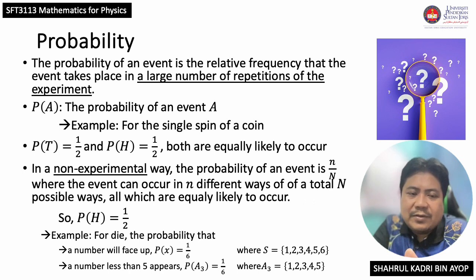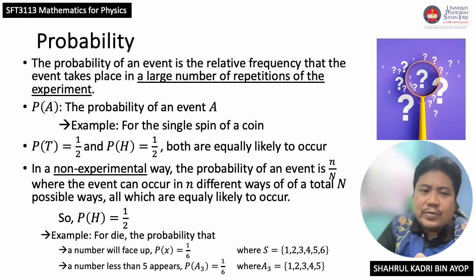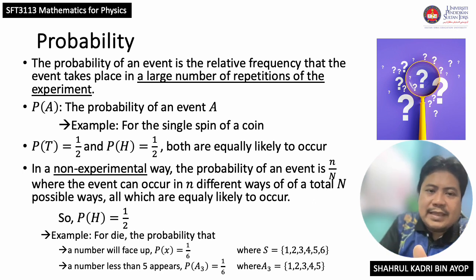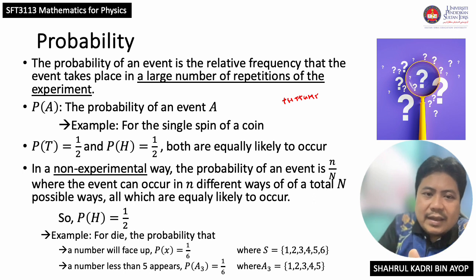So for the single spin of a coin, you throw 10 times. For example, you can have tail or head, tail, head, head, tail. Okay, you can have head again, so tail.